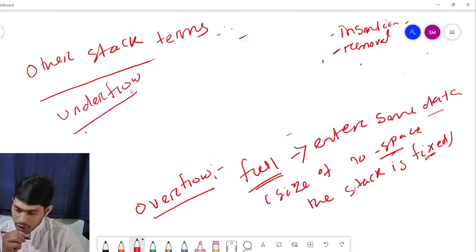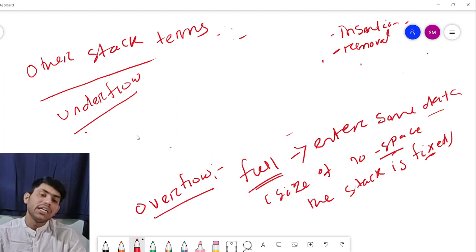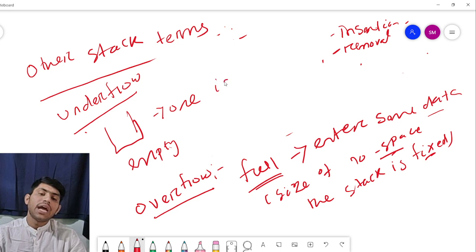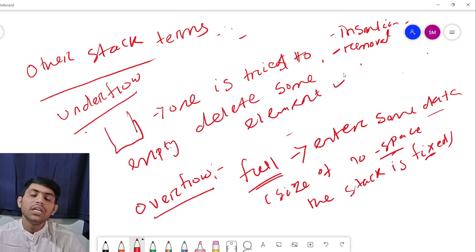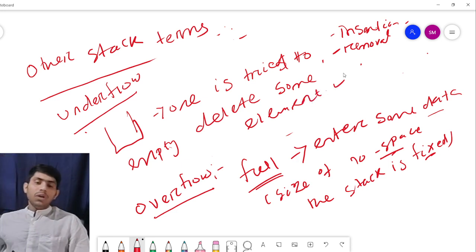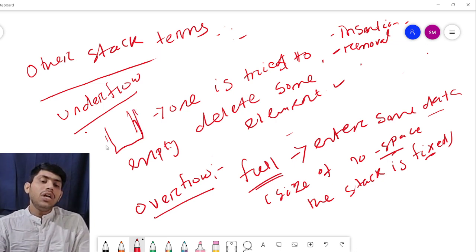What is underflow? It refers to a situation or error when one tries to pop or delete an item from an empty stack. Now the stack is empty, and if one tries to delete some element, it is not possible because the stack is already empty. So this situation is called underflow.